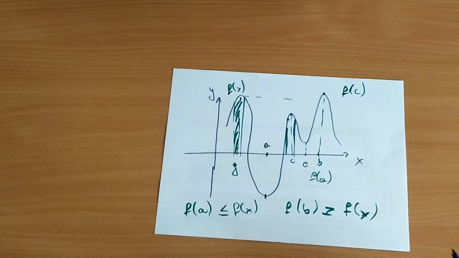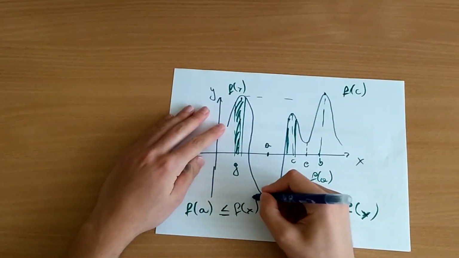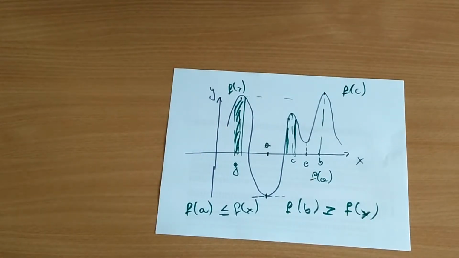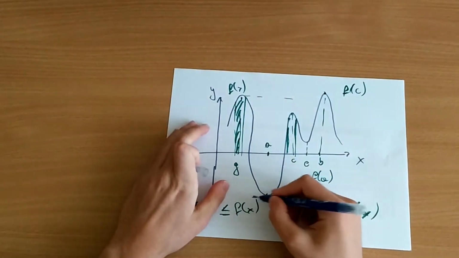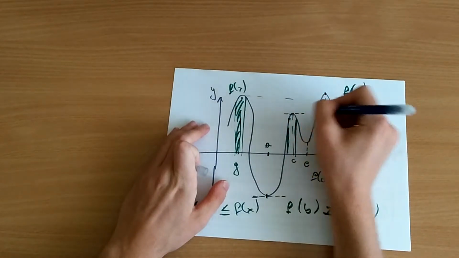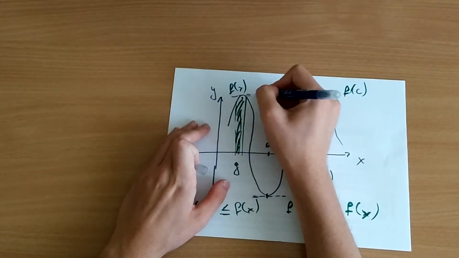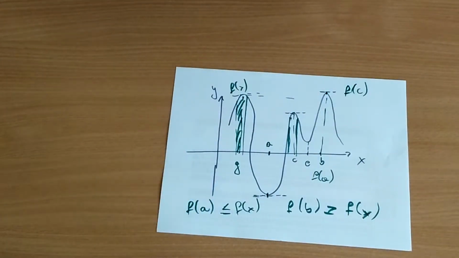Now, how can we find these points easily? How can we actually find local extreme points, which are local maximum or minimum points? If you notice here, the derivative of the function at the local minimum or maximum points is equal to 0.